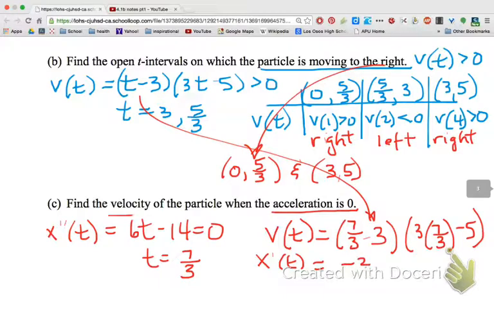And so I get negative 2/3 times 2. So the velocity is negative 4/3. And I think this was inches or units. I forget. It didn't actually say, so we're going to say units per second.